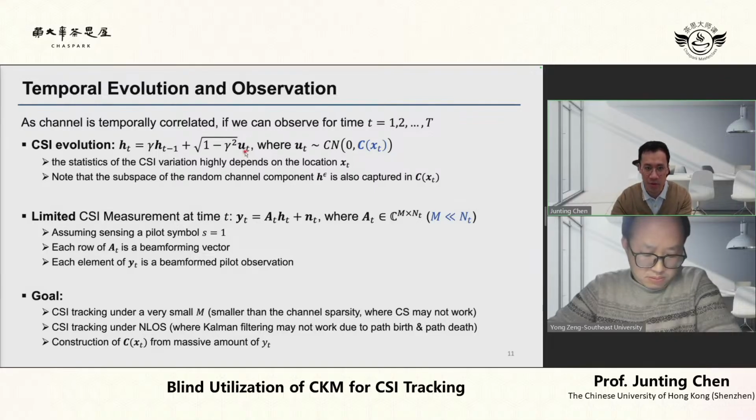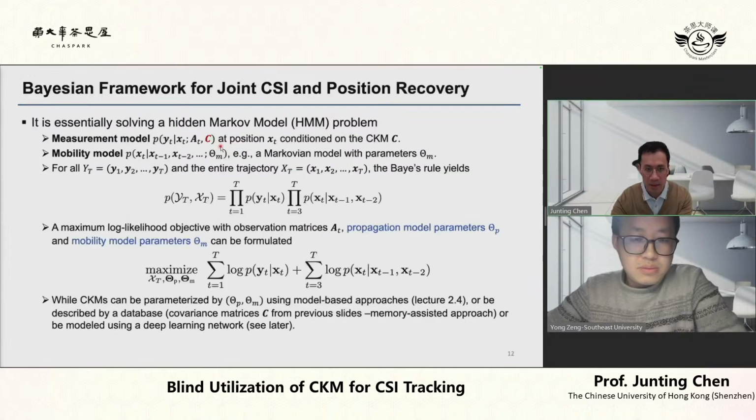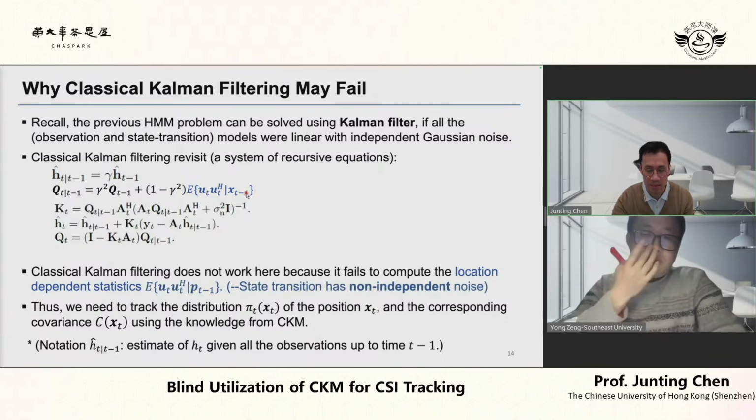Now for switching Kalman filtering, we are interested in the case where the disturbance is location dependent. In order to track this system, we only need to update the statistics estimate. Now the statistic is location dependent. So the only difference between switching and conventional Kalman filtering is this term.